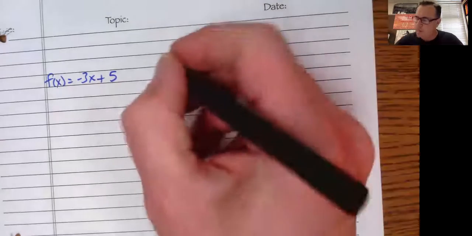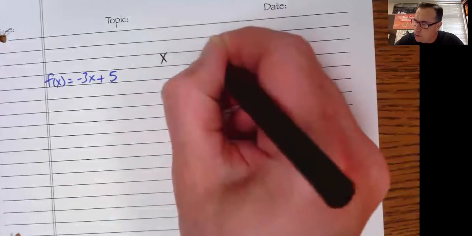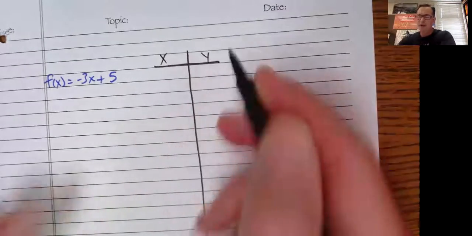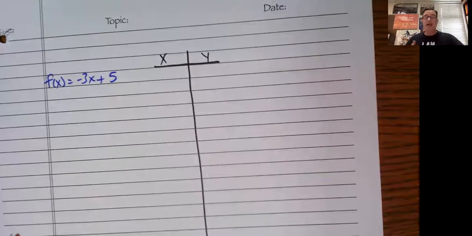So I will do the XY table here. And the values I'll put in there. And guys, I tend to choose numbers that are right next to each other. So like 0, 1, 2, 3, 4, 5, or 0, 1, 2, 3, 4 is fine. Or like when I did -2, -1, 0, 1, 2. Try to keep them close to each other so that we can recognize a pattern in the graph.